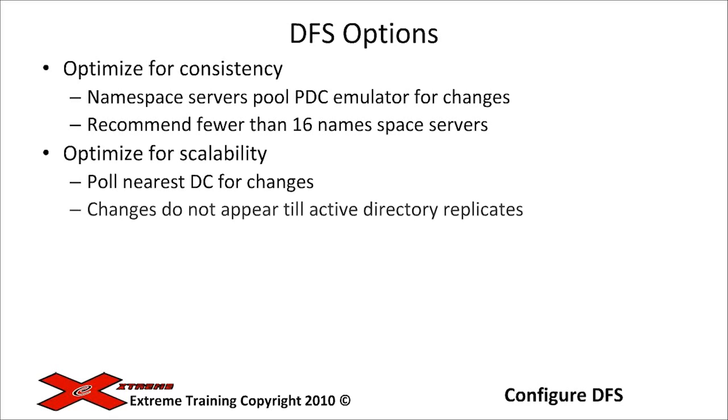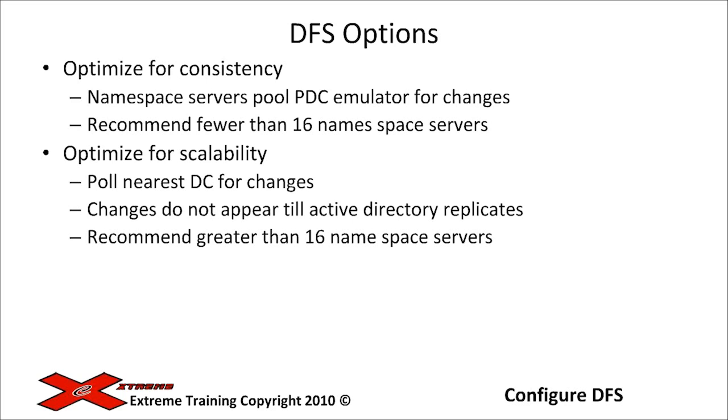These changes will not appear until Active Directory replicates. This means that when this mode is selected, there may be a delay before your end users see any changes in the DFS namespace. Microsoft recommends this mode when you have more than 16 namespace servers.